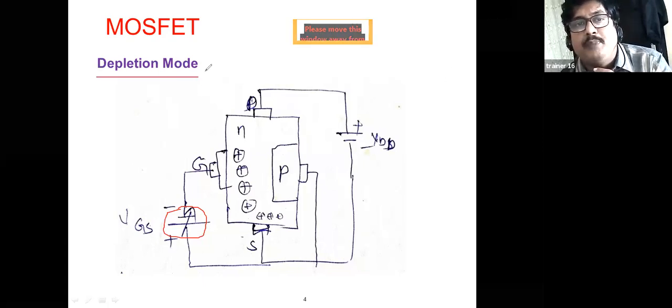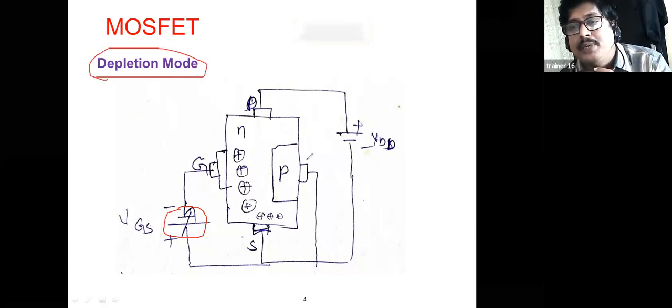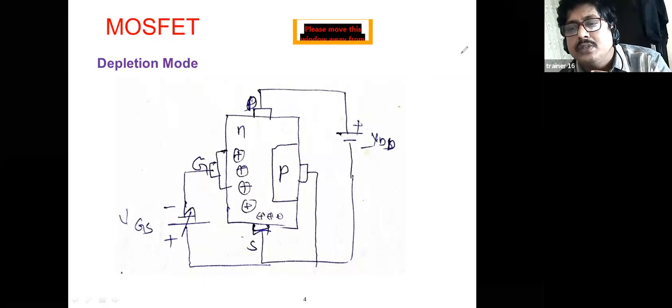What is the meaning of the depletion mode? Here, it depletes the electrons. One person wrote about near the source.